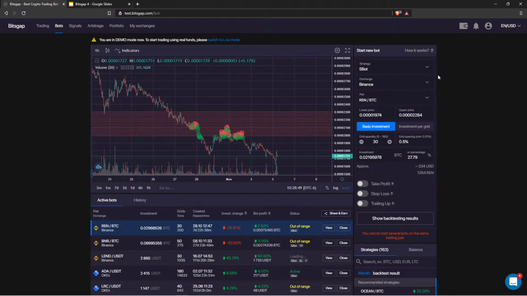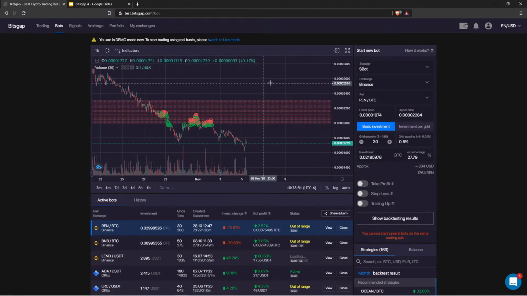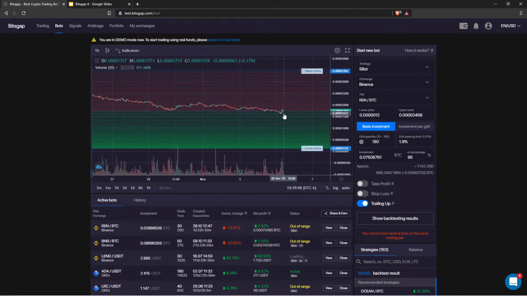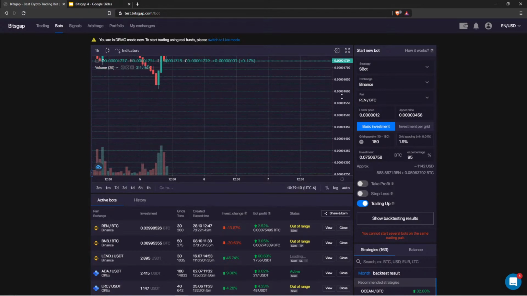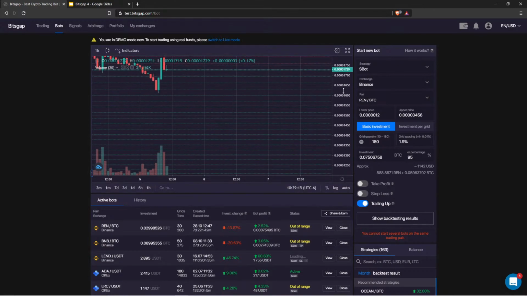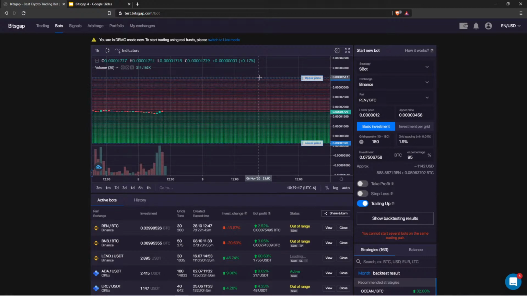So let me explain. The idea is that both strategies proportionately and equally distribute your investments per each limit order. When it comes to the HODL strategy, it ensures that with each level, and you see exactly each level here, those are buy limit orders, which is the buy side in this case, and the sell limit side, so sell orders.